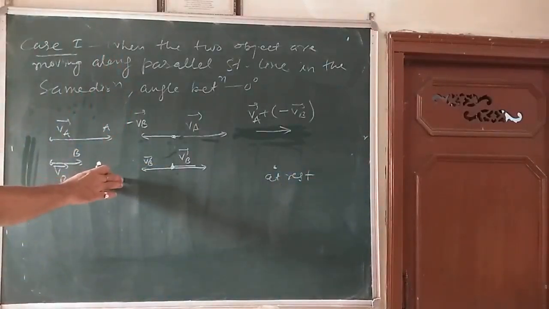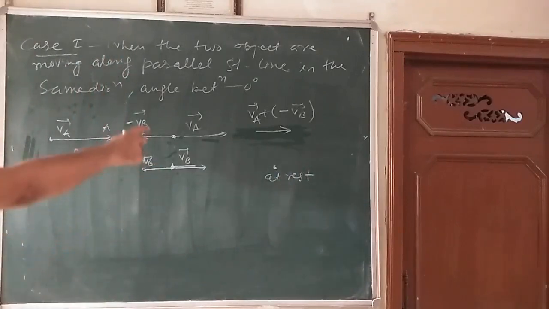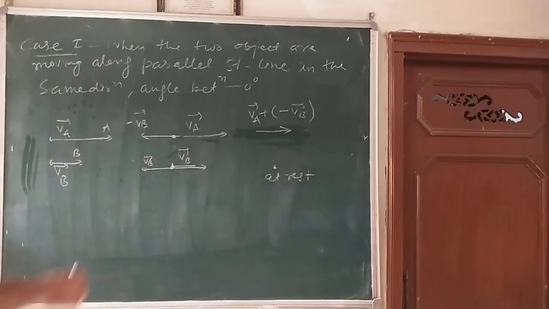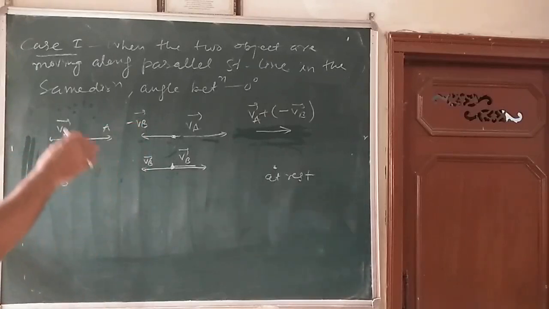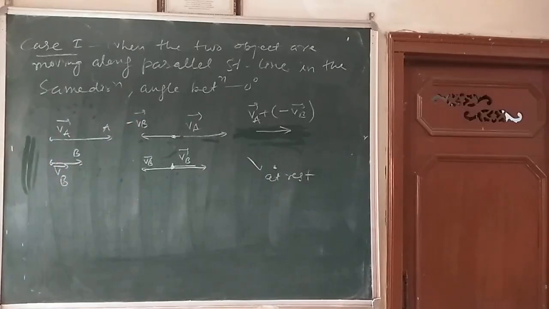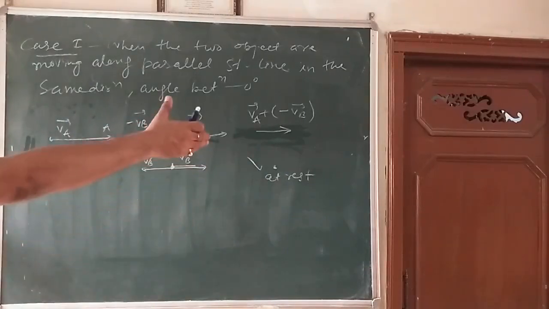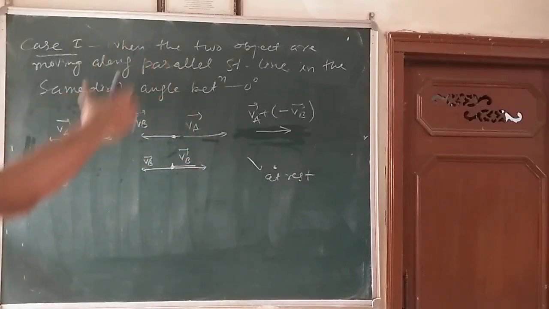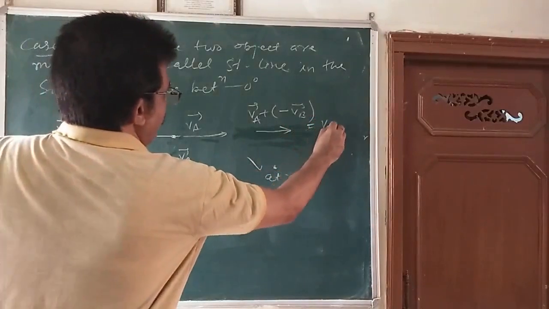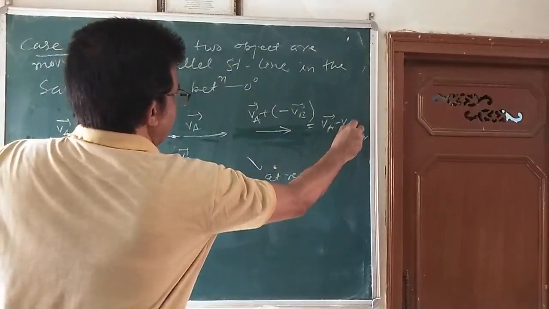So what is going on? Superimpose velocity minus VB on both the objects A and B. Due to which the velocity of the object B becomes 0. So the object B is brought to rest and the velocity of the object A becomes VA plus minus VB, that is equal to VA minus VB here.